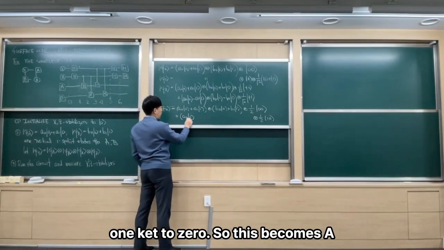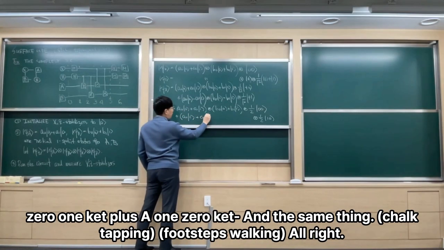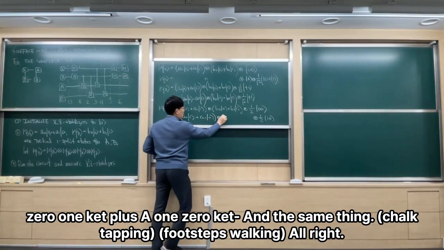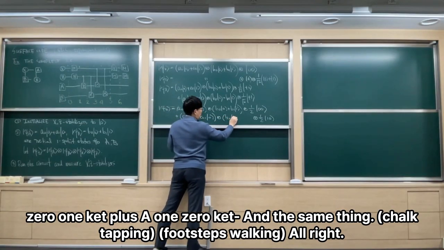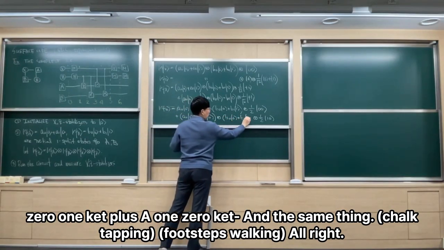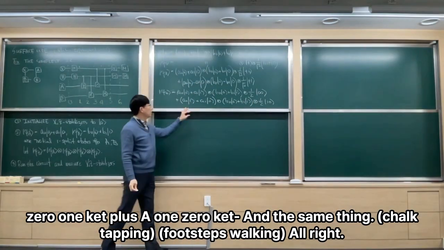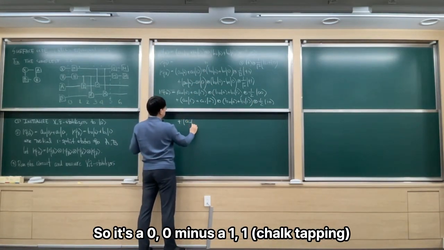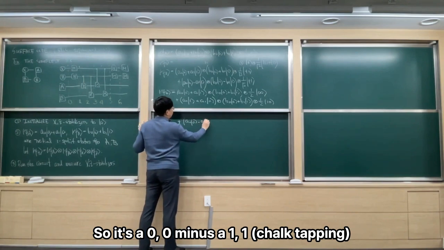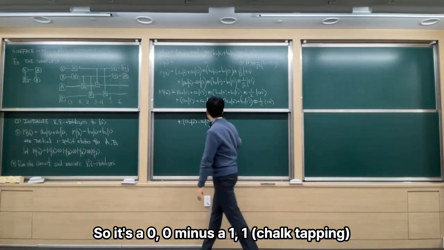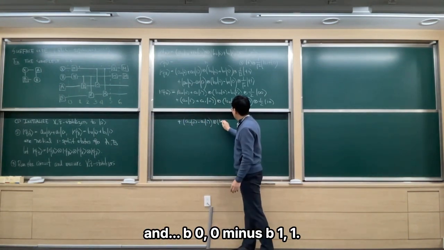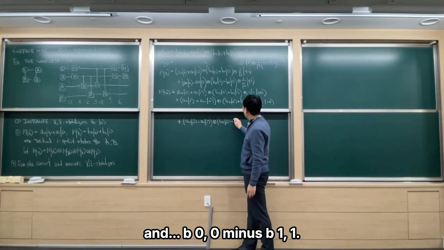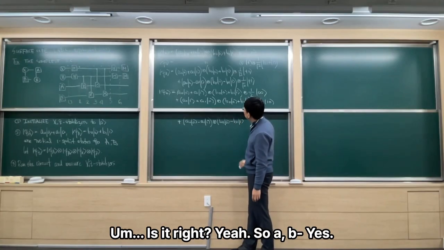So this becomes A0 1 cat plus A1 0 cat, and the same thing. Right? And then we do the same thing here. So it's A0 0 minus A1 1, and B0 0 minus B1 1. Is it right? Yeah. So AB, yes.